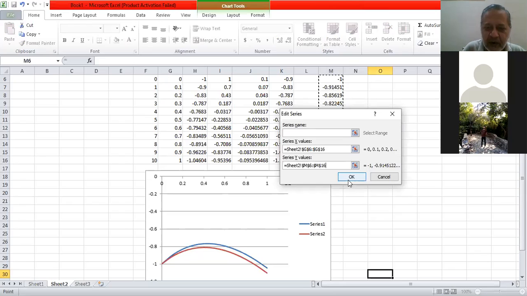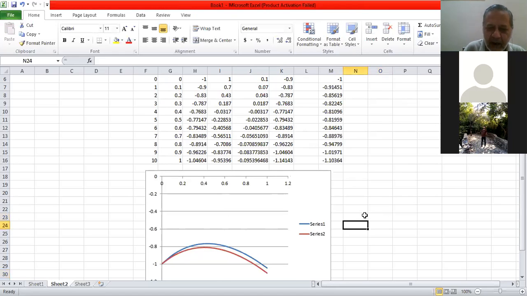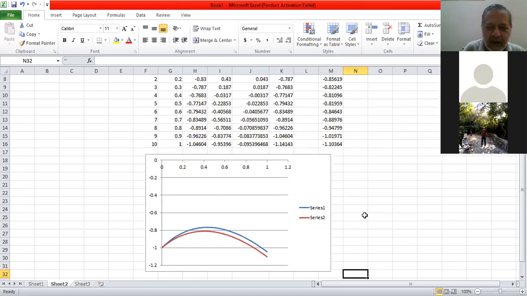So the exact solution curve has been obtained. And here you can see that the brown series is the exact solution curve, whereas the blue series is the numerical curve. They match at the initial value, but then a difference develops that increases every step.